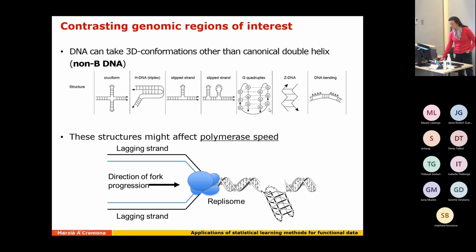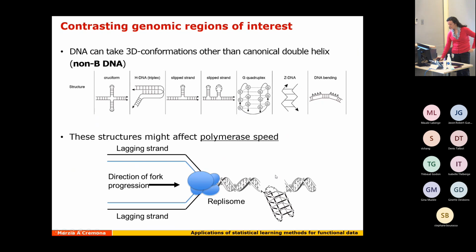For example, these G quadruplexes are particularly interesting because basically we have a lot of Gs and the Gs bind together and form these very complex three-dimensional structures. So our hypothesis is that whenever we have such a three-dimensional structure in the genome, the polymerase needs to work more to actually be able to go through the genome and replicate the genome.